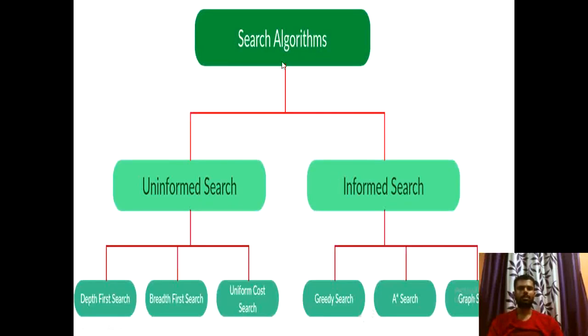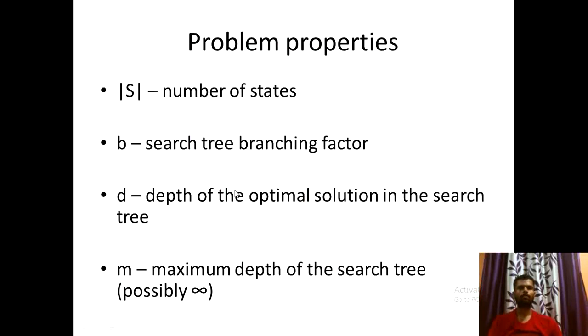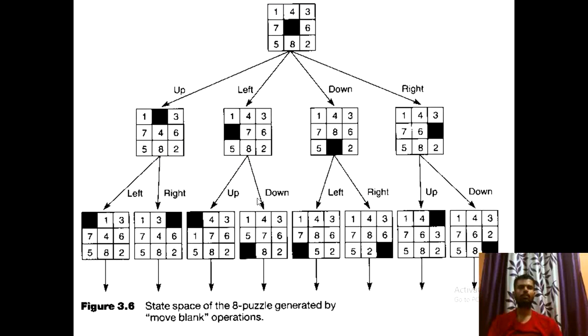So these are the types of search algorithm: uninformed search and informed search. Uninformed search means you will go solving a problem without knowing the further state. This is an example of uninformed search.